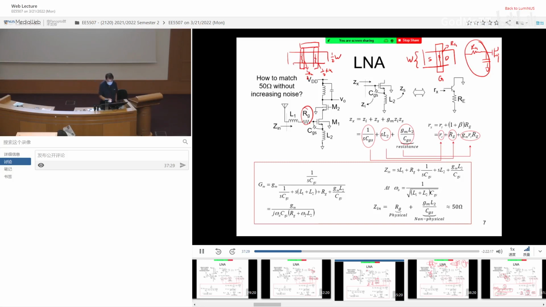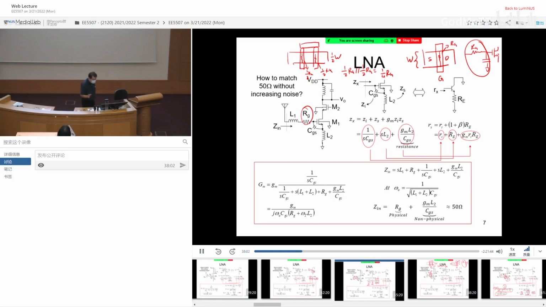So effectively you have half Rg parallel with half Rg, which gives 1/4 Rg. So by splitting a transistor into two fingers, you make the effective resistance 4 times smaller. The more fingers, the better. Usually there is a rule of thumb: for RF, we don't make a finger width bigger than 2 micron or 5 micron, depending on the frequency that you're operating at. So we use multiple fingers.